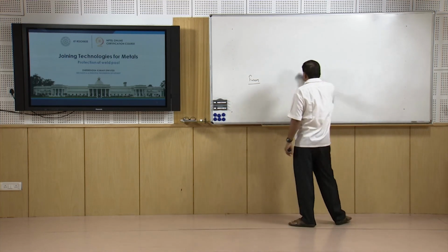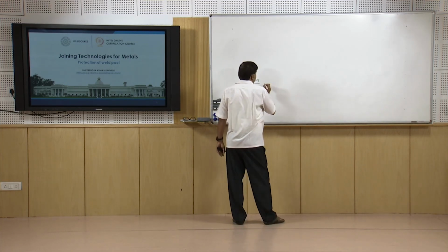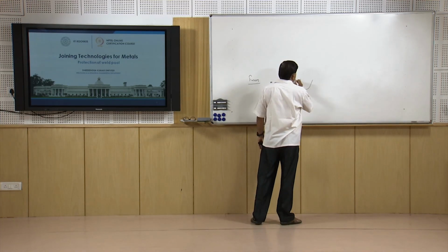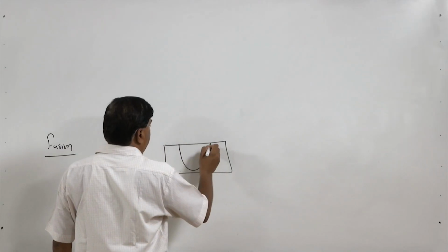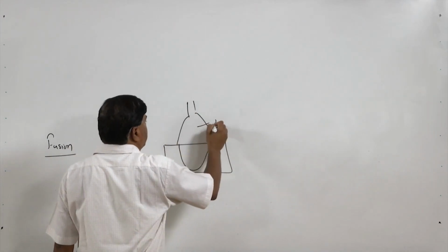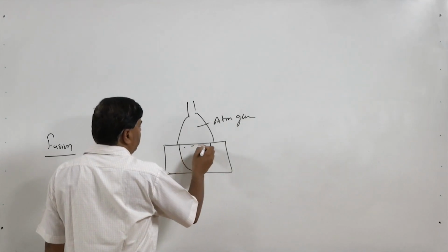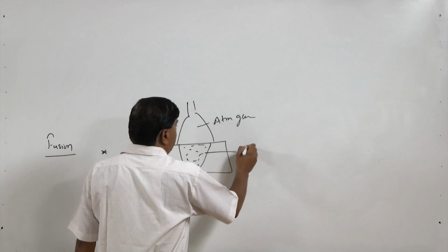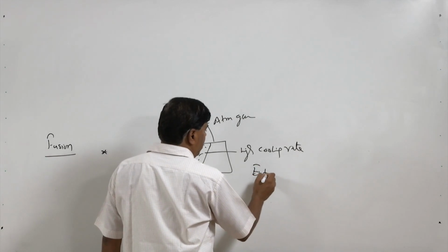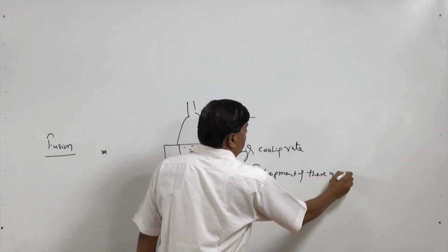That is what we will see first: if the atmospheric gases are present in the fusion zone or in the arc environment or whatever heat source is being used, these atmospheric gases get mixed up with the molten metal, and the high cooling rate of the molten metal sometimes causes the entrapment of these gases in the weld.